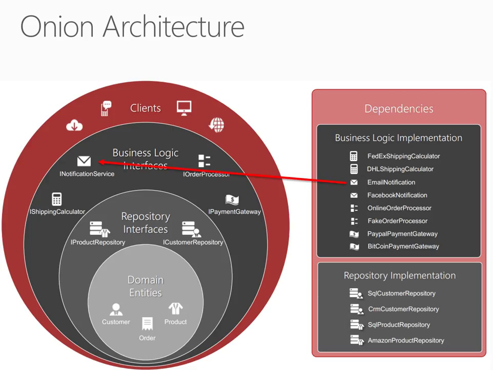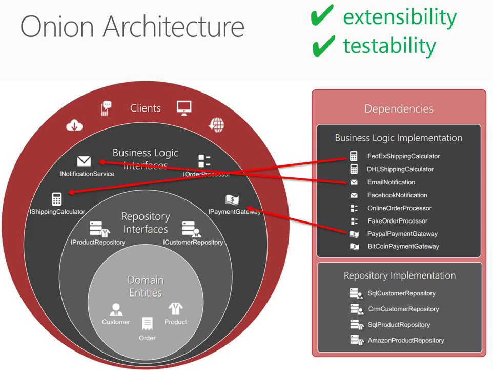You can see here that in the business layer, we insert the email notification dependency into the iNotification service socket, the FedEx shipping calculator into the iShipping calculator socket, and the PayPal payment gateway into the iPayment gateway socket. This is all really easy to set up, and because our application is loosely coupled, we're getting the benefits of extensibility, testability, and maintainability. But what about the data layer?